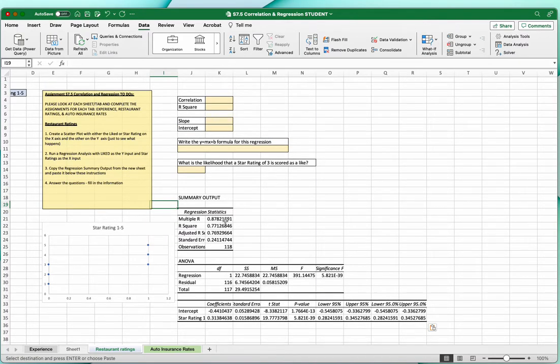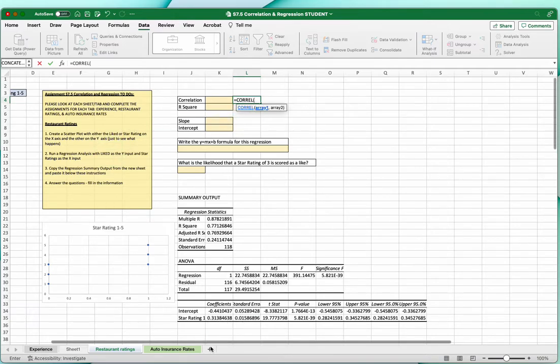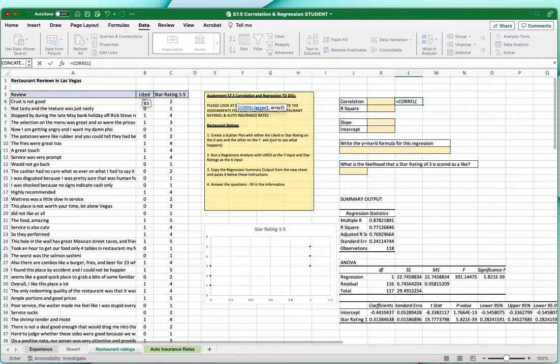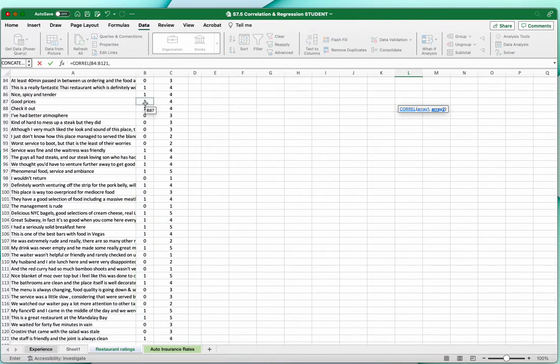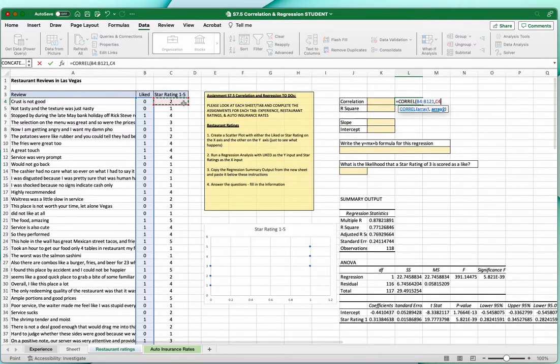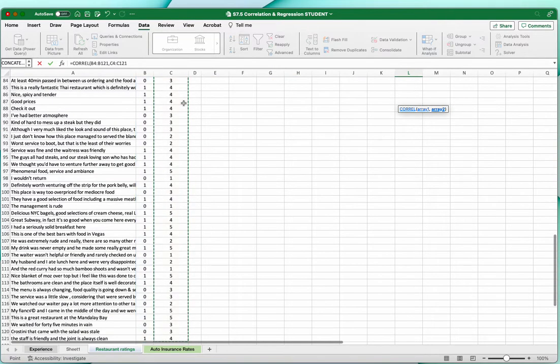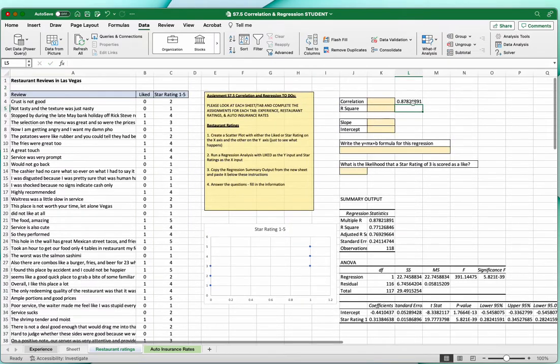For correlation, we can use CORREL, and I'll actually do it both ways. Equals CORREL, array 1 is my liked, comma, array 2 is the star rating, and return. It's 0.7.